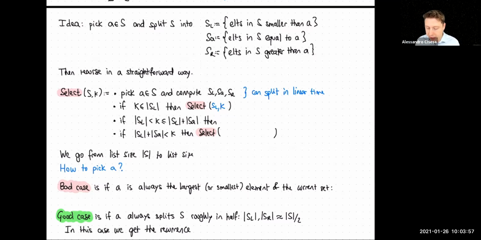All right, so here's another case. Suppose that the index K that I want to select is strictly greater than the number of elements sitting below A, but it is no more than the number of elements below A and equal to A. Then what should I return here? Is it a recursive call even?